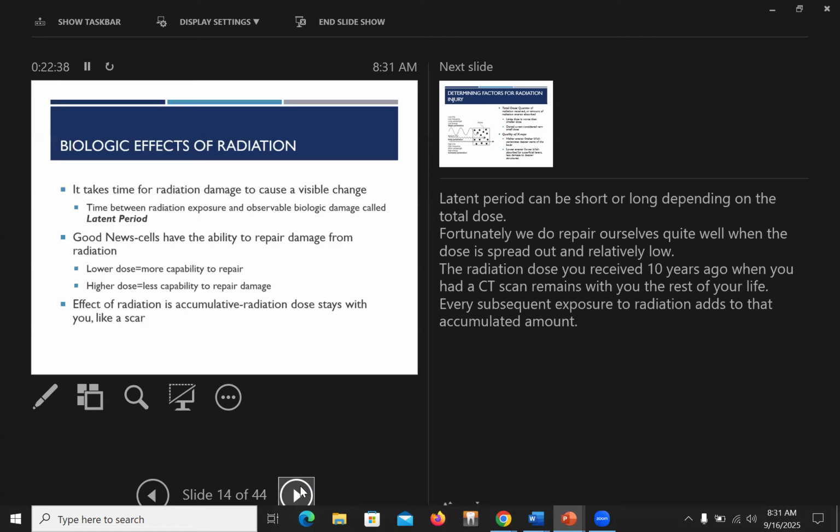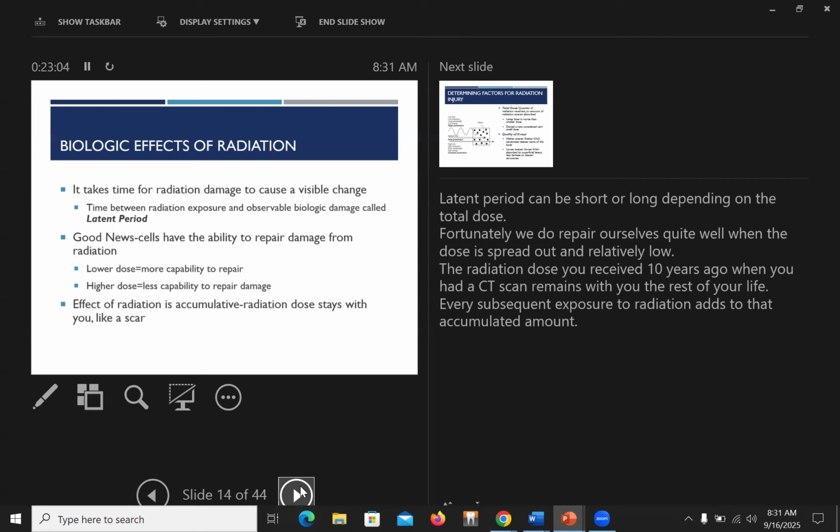The time between the exposure and the observable biological damage is called a latent period. So if somebody has cancer and they're going in for radiation on their cancer, when they leave, they will not necessarily have something that's obvious damage, but maybe a couple hours later, they might get something like a severe sunburn.